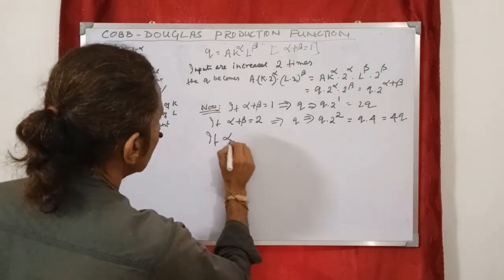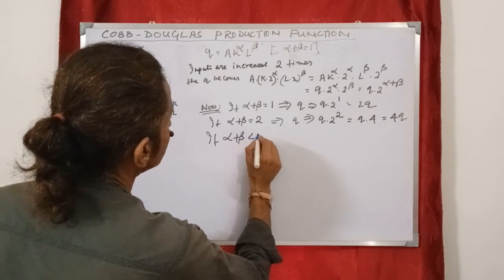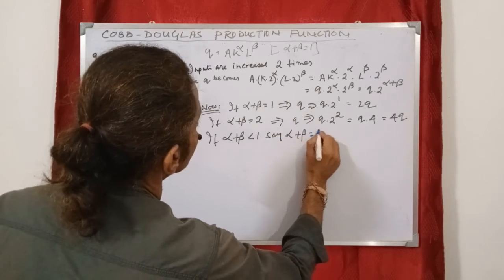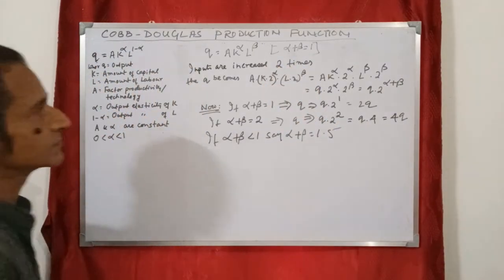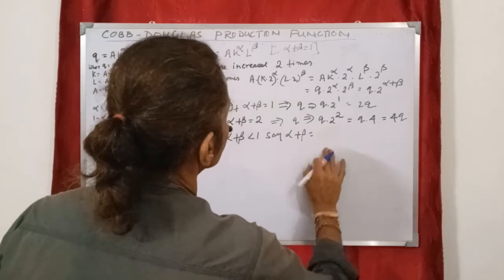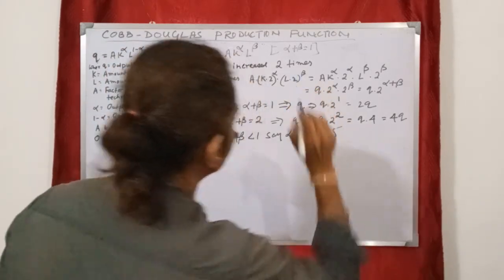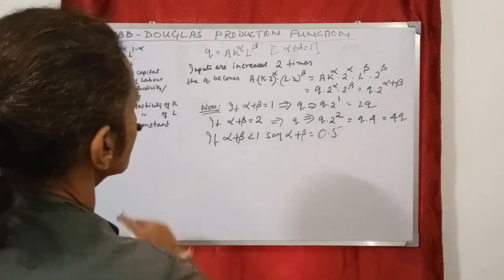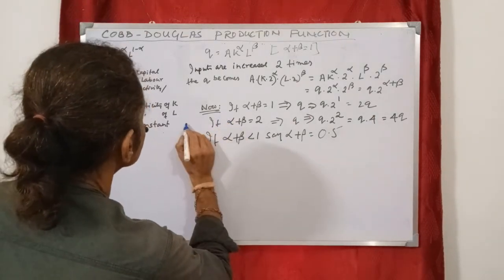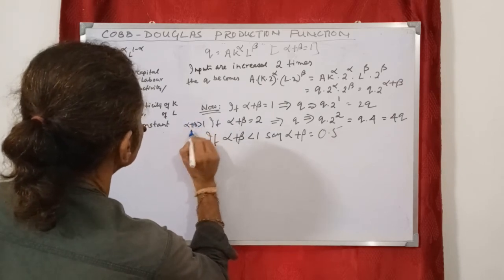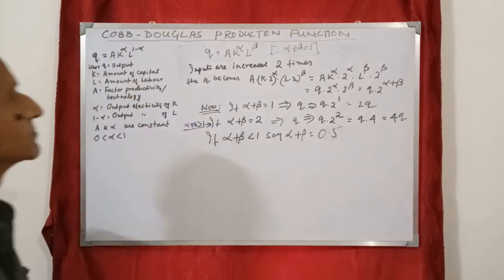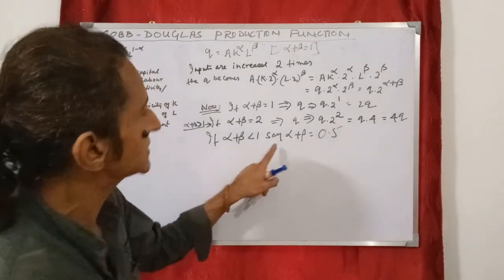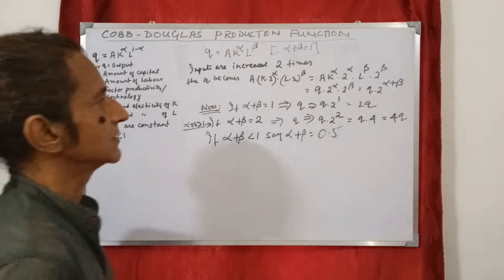If alpha plus beta is less than 1, say alpha plus beta is equal to 0.5, suppose. Here it was greater than 1. Here alpha plus beta is less than 1. Say it is 0.5. Then what will happen?